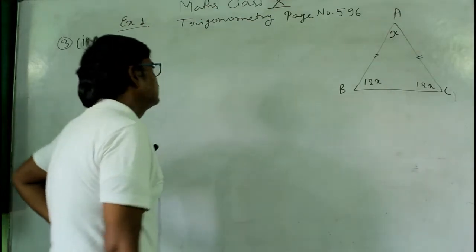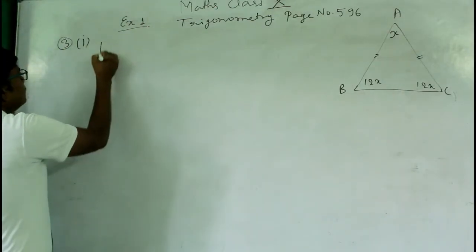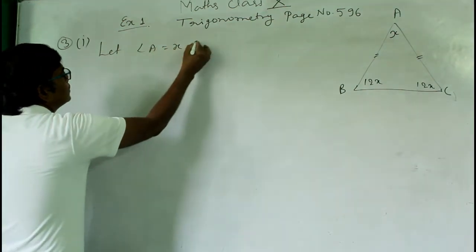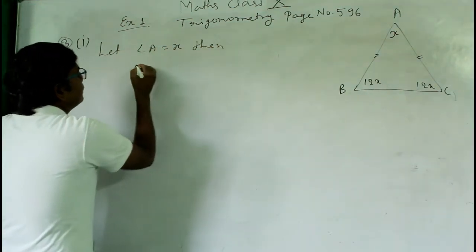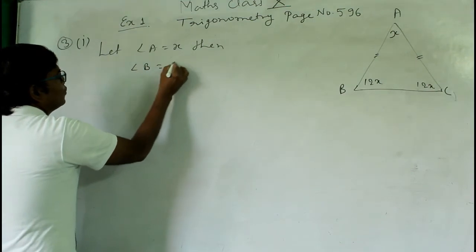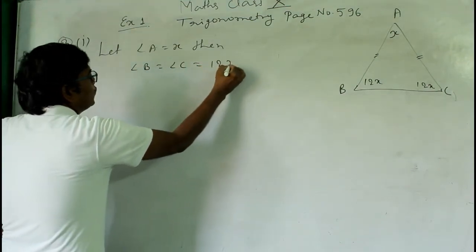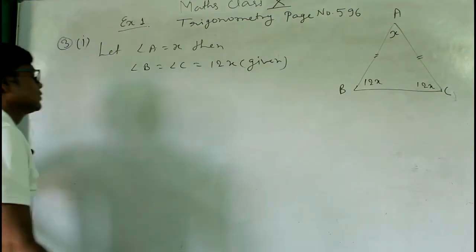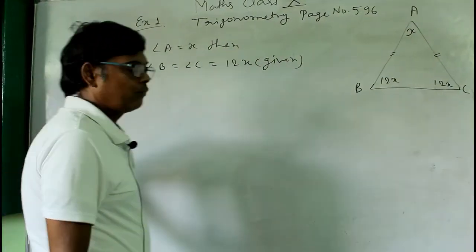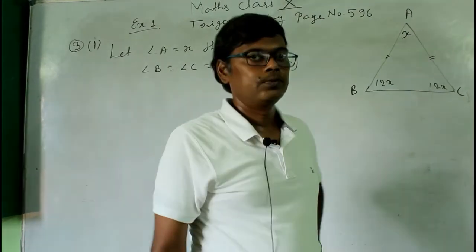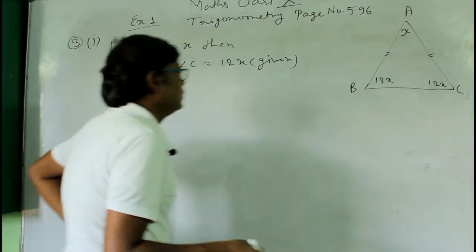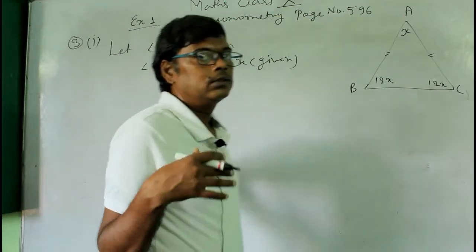The triangle is isosceles. So here you will write: let angle A equal x, then angle B equal to angle C equal to 12x. This is given in the question. Now find the value of x first, because then we can find those values in degrees and grades.